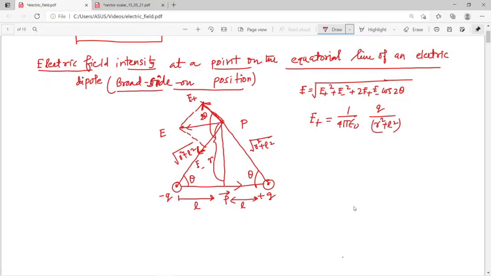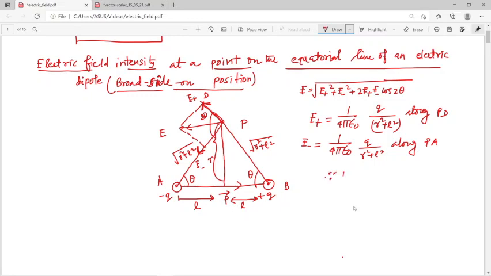If you make it whole square, that is r square plus l square, and of course it is along, if you name it as D, along BD. And what should be the E minus? That is also the same, because the distance is the same, and this is along, if we consider A, this is B, this is along B. Clear?